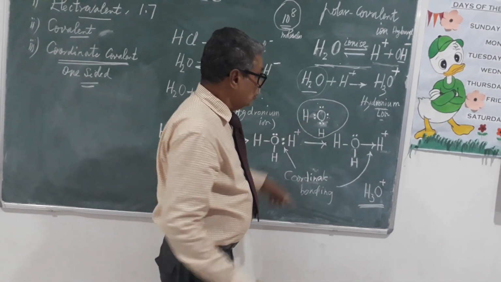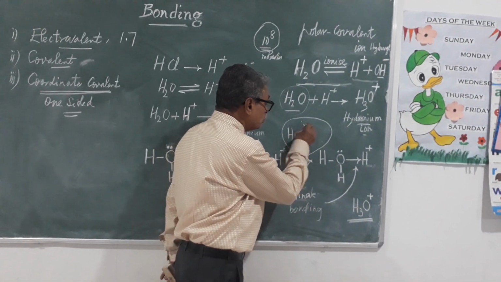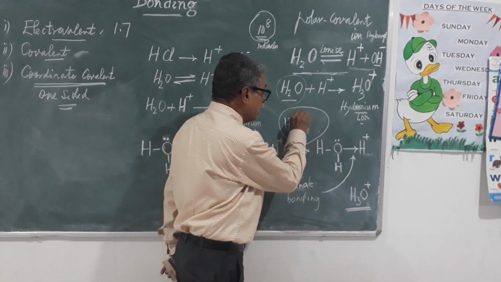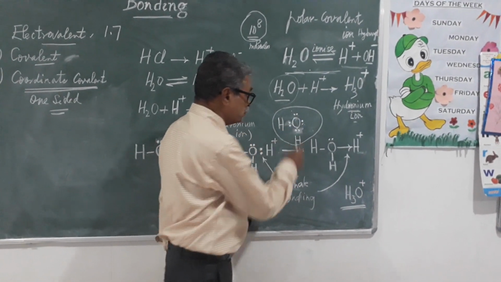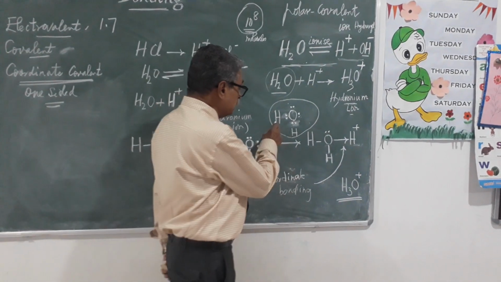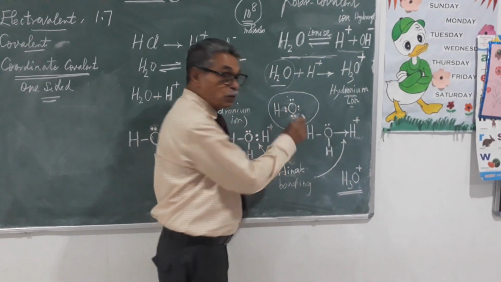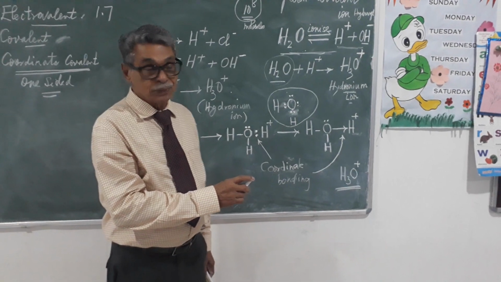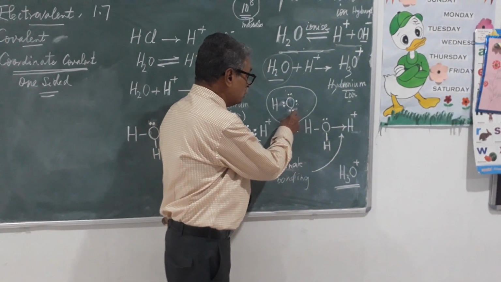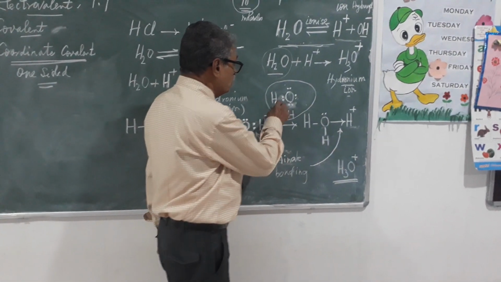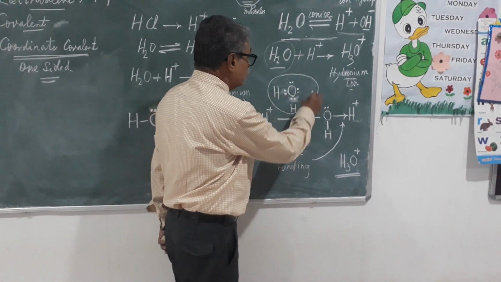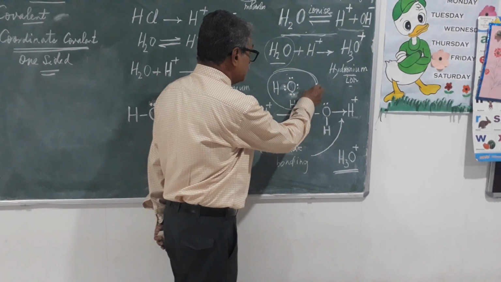H2O. Oxygen has 6 electrons in the outermost shell in an atom: 2, 4, 5, 6. Each hydrogen has 1 electron in the outermost shell. This is the normal way water is, usually.